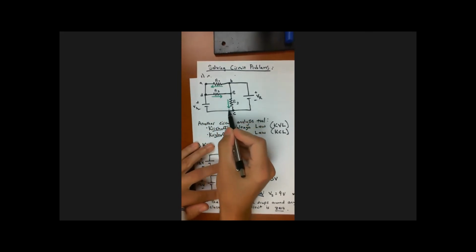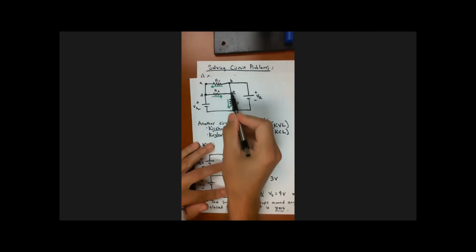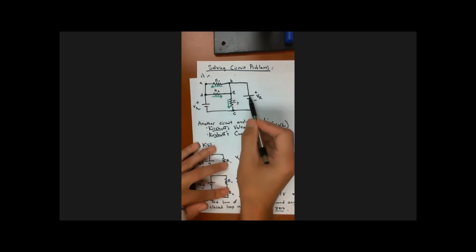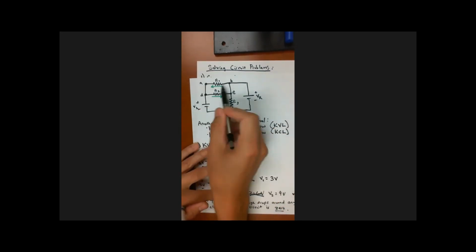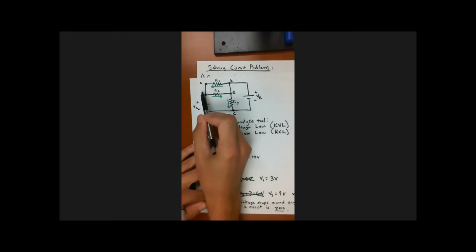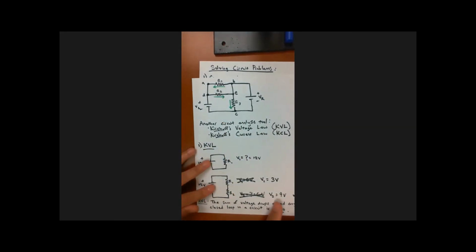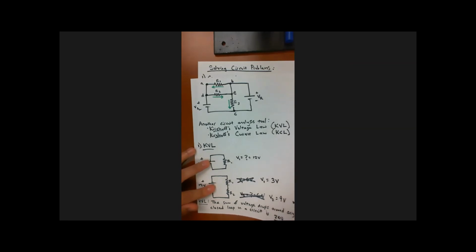Similarly, this right here is a loop. Similarly, all around the outside, that is a loop. Similarly, this right here, the upper left, is a loop. Similarly, this right here is a loop, the right-hand side. All right, so any closed loop in your circuit will work.